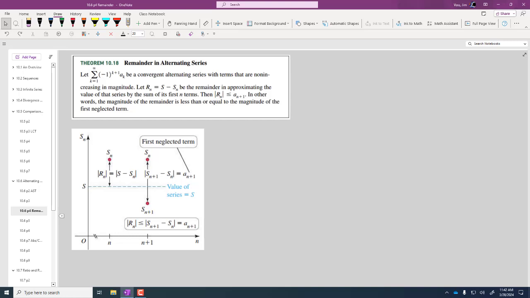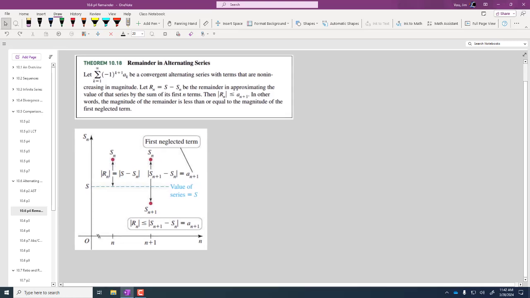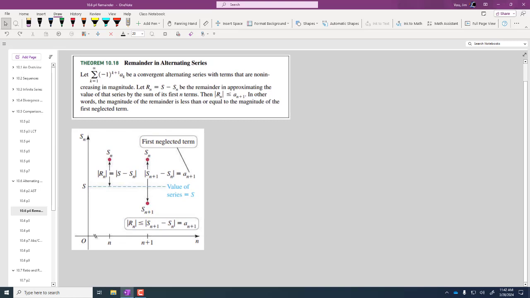And so when we think about the remainder, think about it the way we talked about it earlier in the week. The remainder is, if we imagine having a convergent series, it doesn't make sense to talk about the remainder if the series diverges. The idea is that if the series converges, how far out do you have to go to get good accuracy? That's what our goal is, good accuracy.